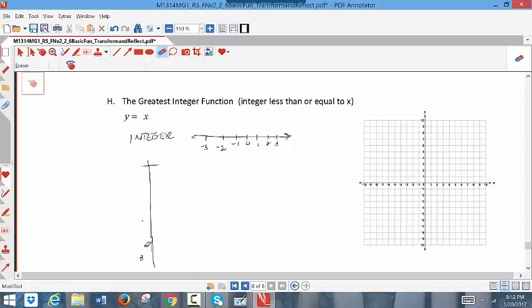Now, when I try to graph this in a greatest integer function, your x values do not have to be integers, but your y values must be integers. So if my x value is an integer, then my y value will also be that integer. But if my x value is not an integer, my y value has to be an integer less than it or bigger than it.